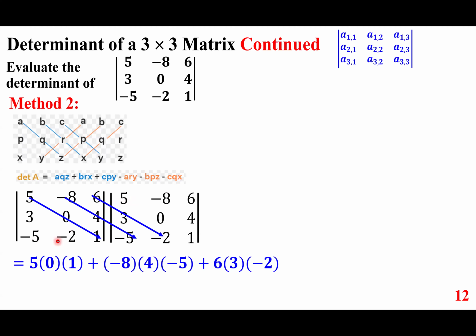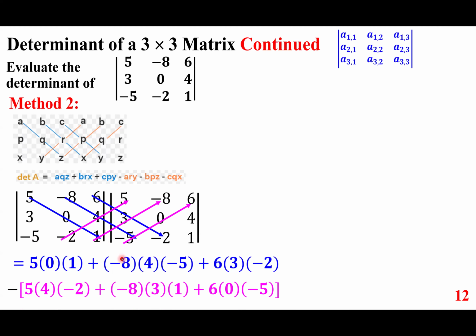This way, and that way. So 5 times 4 times negative 2 plus negative 8 times 3 times 1 plus 6 times 0 times negative 5. You add those, and you add those, and you subtract the second part from the first part. You get 124 minus negative 64, which is 188. So you get the same answer.